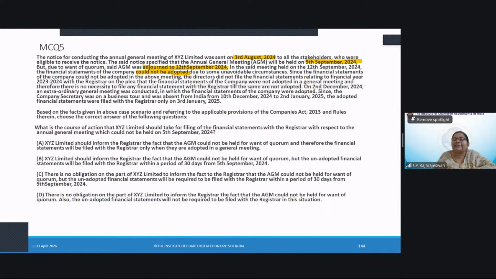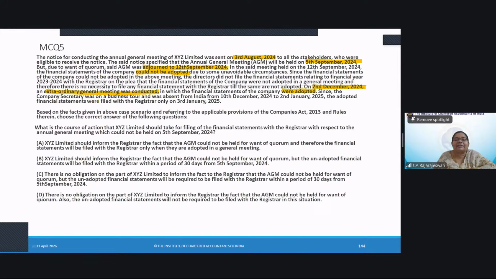On 2nd December 2024, an extraordinary general meeting was conducted in which the financial statements of the company were adopted.